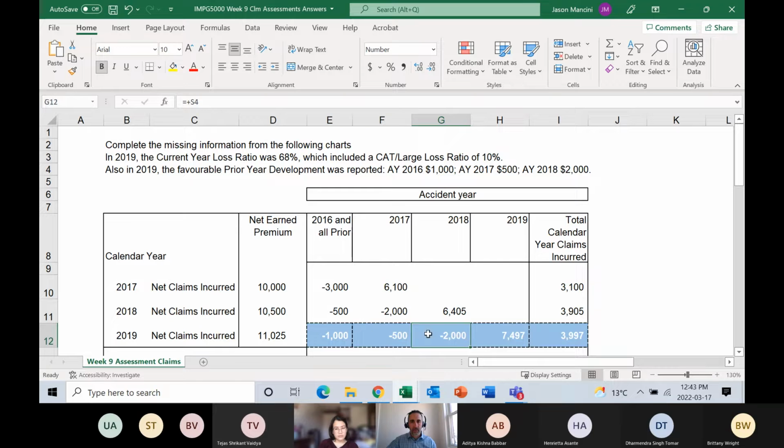So if we think about this scenario, all of these prior year developments in all the years in this part of the triangle have always been favorable. What that would mean is the company has maybe always estimated their claims on a very conservative side.